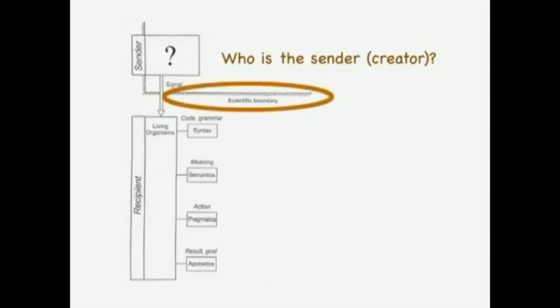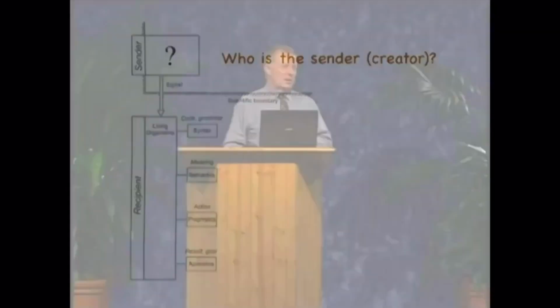Now the next question is, who is the sender? Who is the creator? And we come now to a scientific boundary. We cannot say from the viewpoint of laws of nature about information who the person of the sender is. Now we need another source of information. And this other source of information is the Bible.